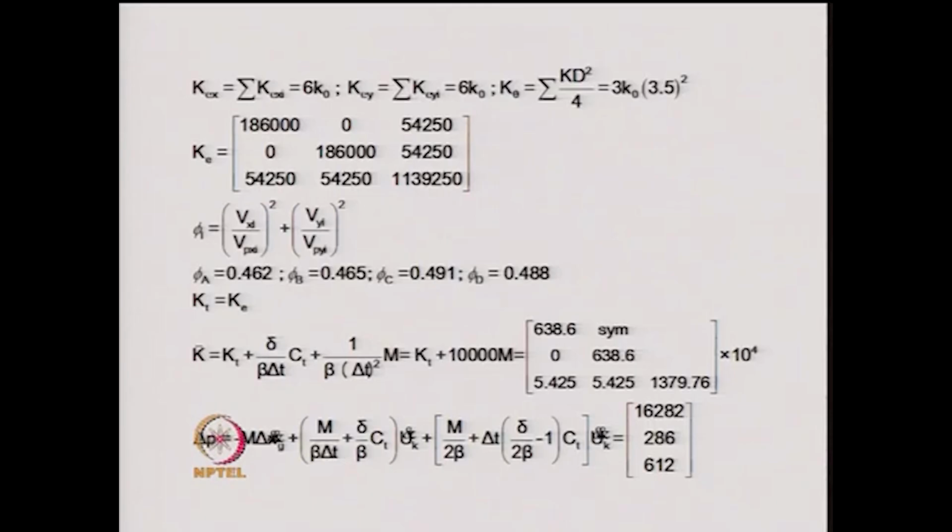Therefore, Kt is simply equal to Ke, that is, the correction term Kp does not come into the picture. So, that is the initial state of the system.